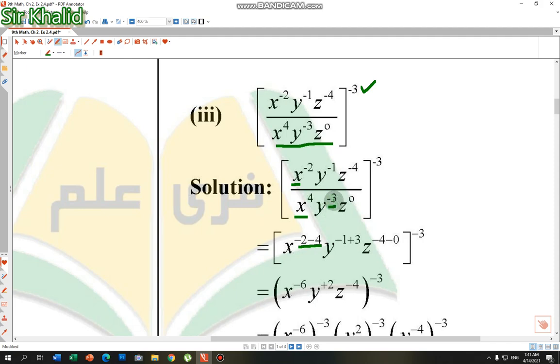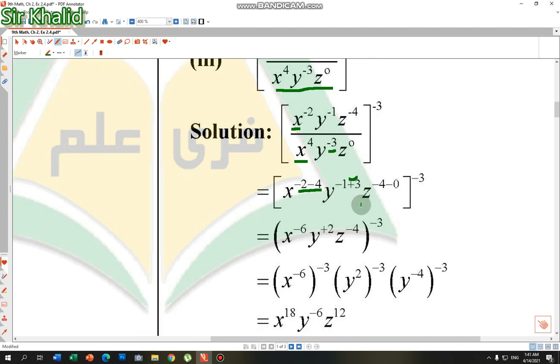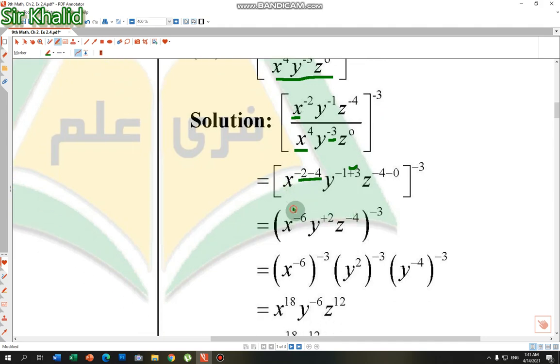Y minus 3 will be plus 3, and 0 will be here minus 0, because this 0 is moving to the numerator position. So minus 2 minus 4 will be minus 6, minus 1 plus 3 will be plus 2, minus 4 minus 0 will be minus 4, and here it is minus 3.